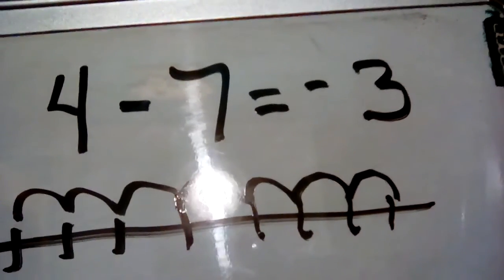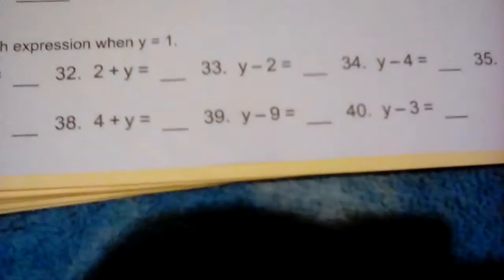So now this one, these are going to kind of tie in two concepts here with your integers as well. Okay, there might be another one. If you look at y minus 9 right there, 4 minus 9 would be -5, right?